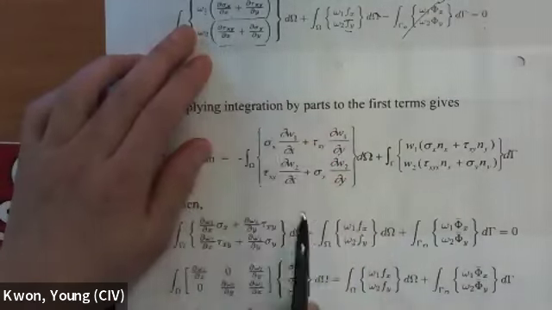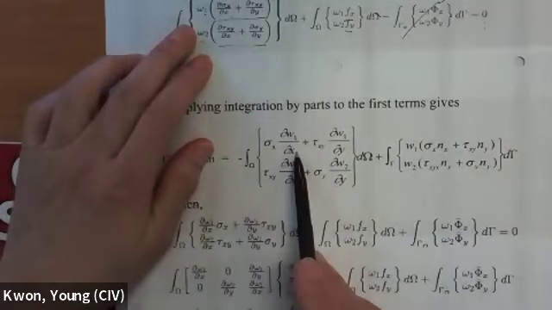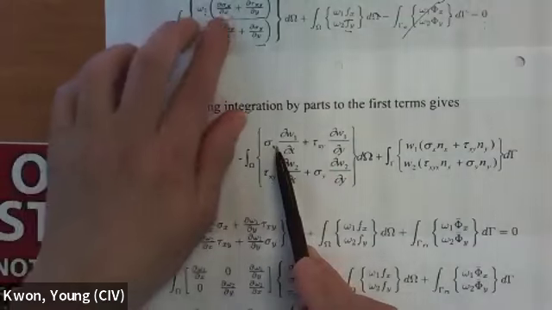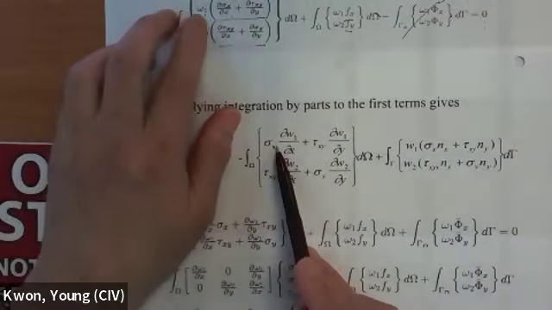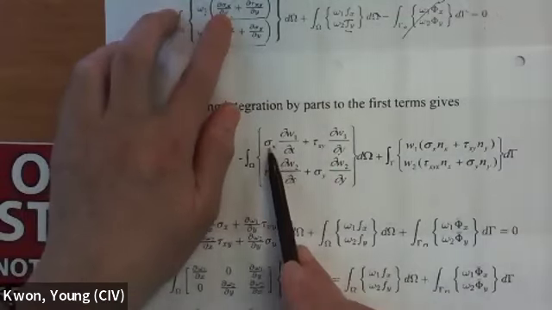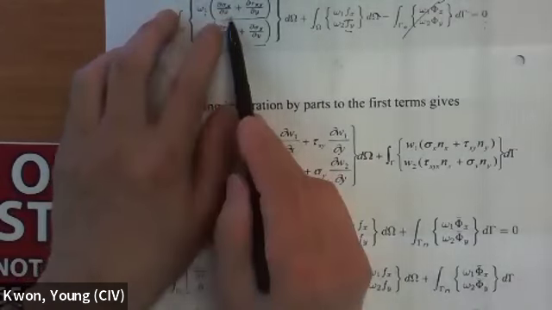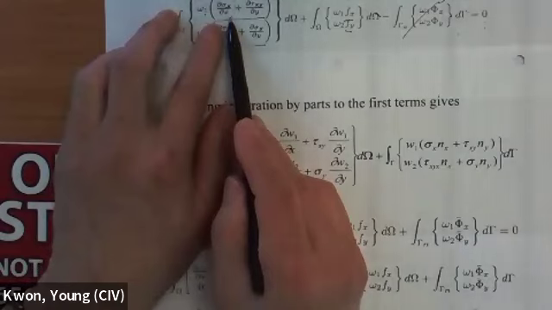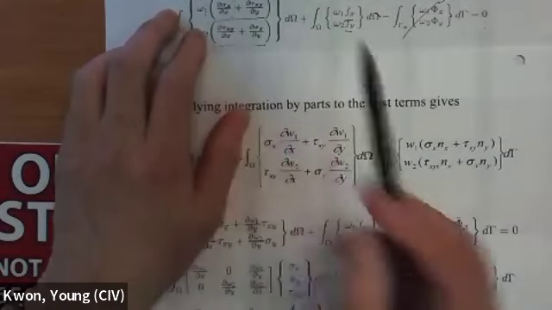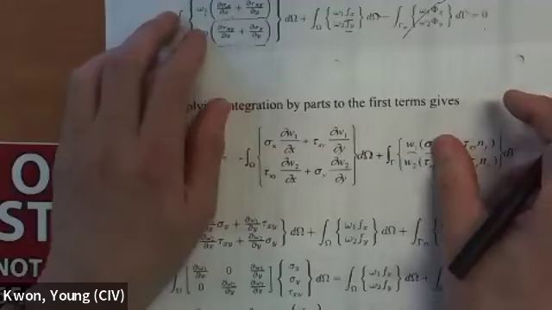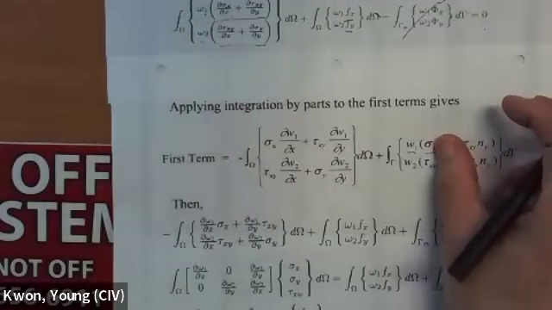So this is going to be dw1/dx, and that's going to be sigma x. So p q prime becomes q and p prime. And then the boundary integral is going to be p and q, so w1 sigma. That's integration by parts in a 1D problem.